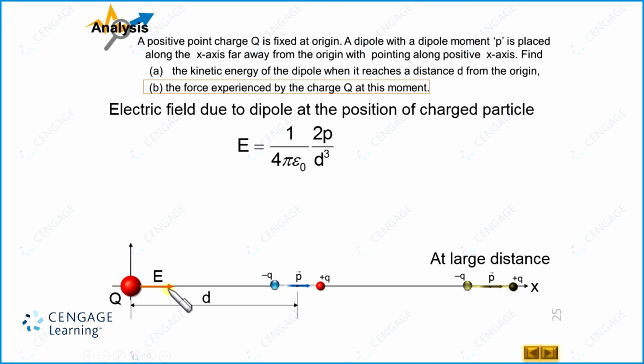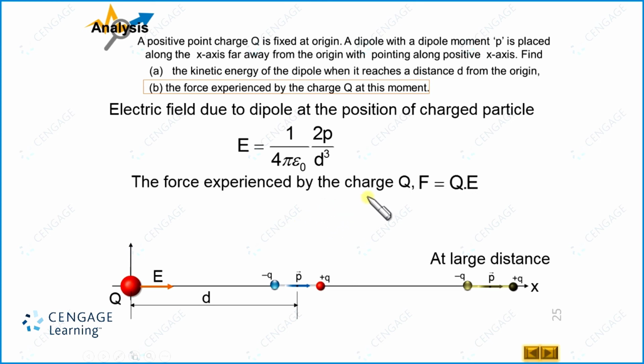Okay, that means this charged particle is under the electric field of this dipole, which has this magnitude, and we know the force experienced by the charged particle can be given as F equal to Q multiplied by E, where Q is the charge and E is the electric field, which we have written. So now we can write the force experienced by this charged particle equal to this. We can further rearrange.